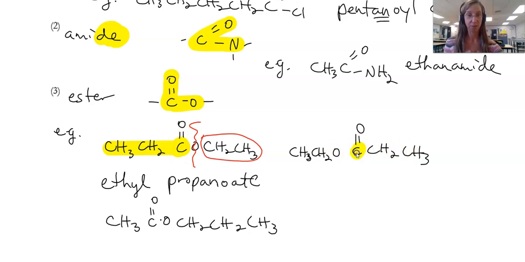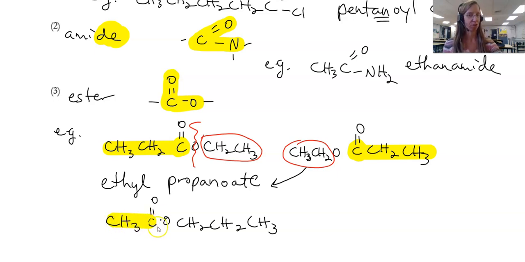So then I've got this one here, and I've got that one to show it's not necessarily the left side. Find that carbon with the C double bond O and find its chain. So this is actually exactly the same. That is ethyl propanoate. It's just written in the opposite way from left to right. But what about this one? So we do the same thing. There's our main chain.